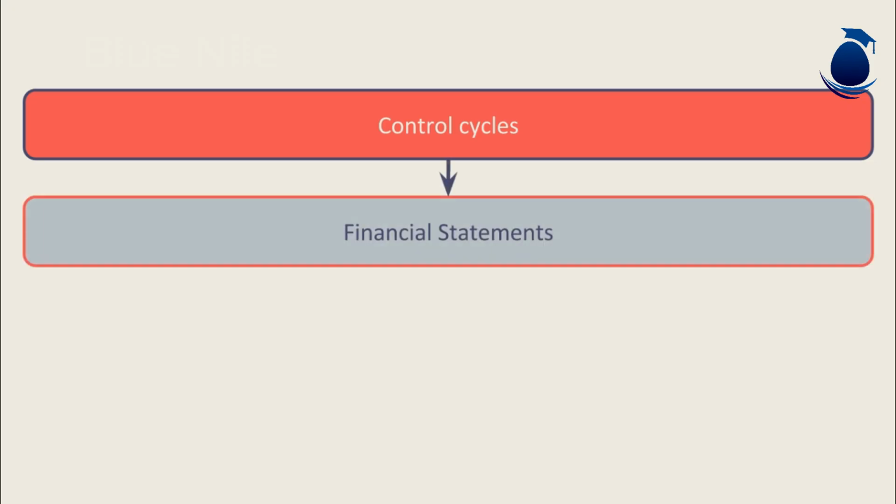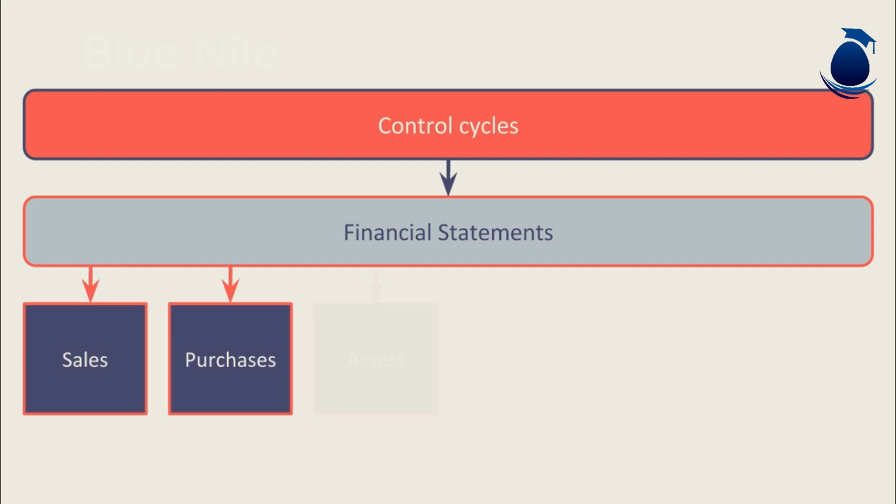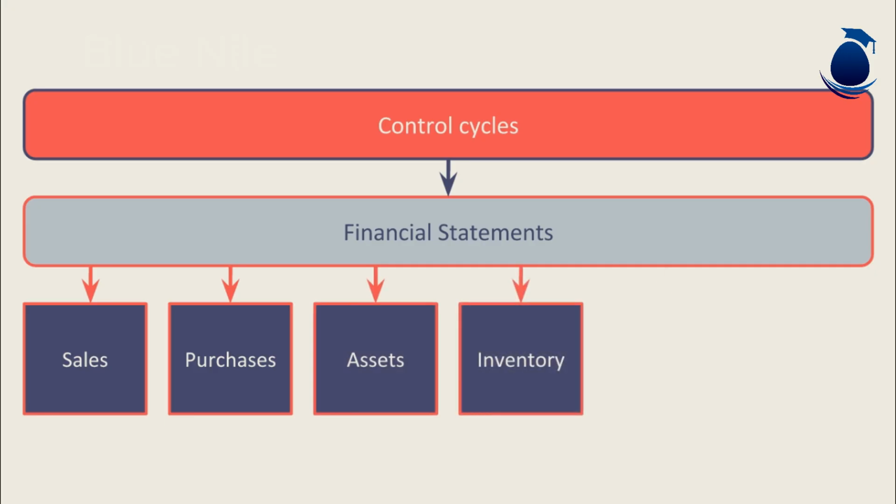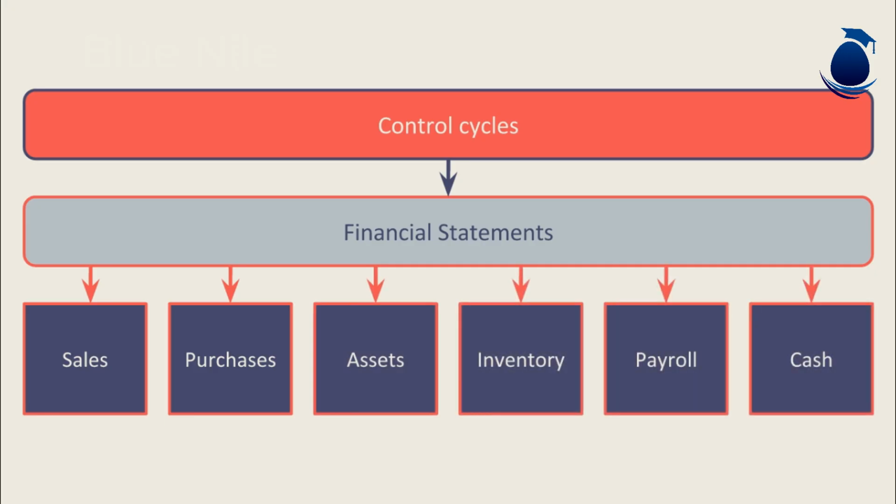They have an impact on whether the financial statements are true and fair, and are the sales, purchases, assets, inventory, payroll, and cash systems. For each system, I will outline the stages of the system and examples of the objectives, risks, and controls at each stage.